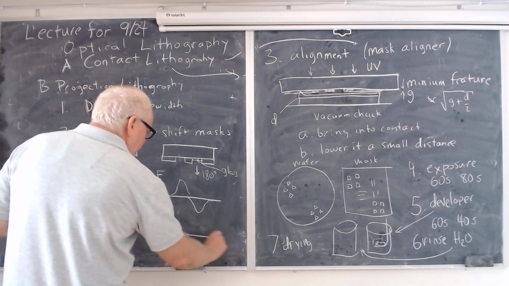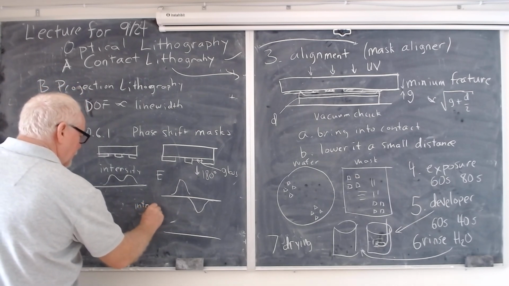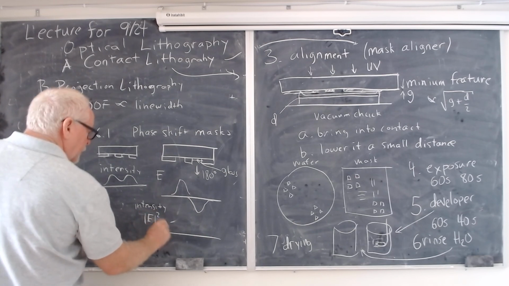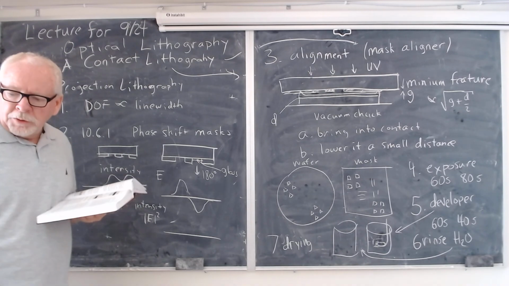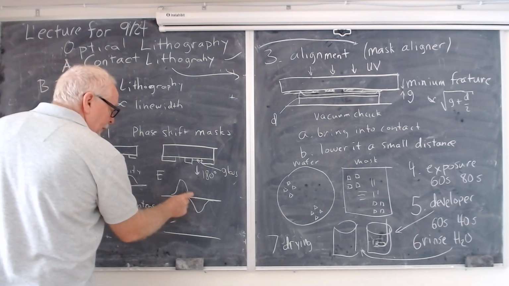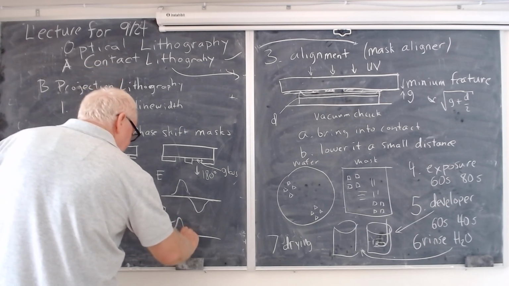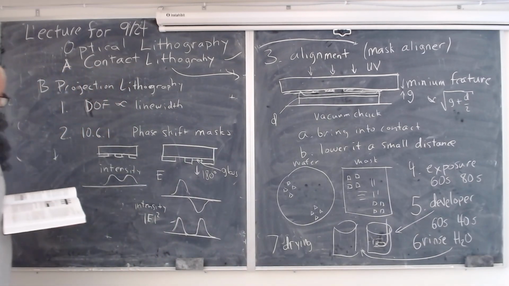And so when the intensity, which is E squared, those cancel. It's an interference phenomenon basically. Where they come together, they cancel each other out, and so your intensity then gives you nice sharp features. And that's phase shift masks.